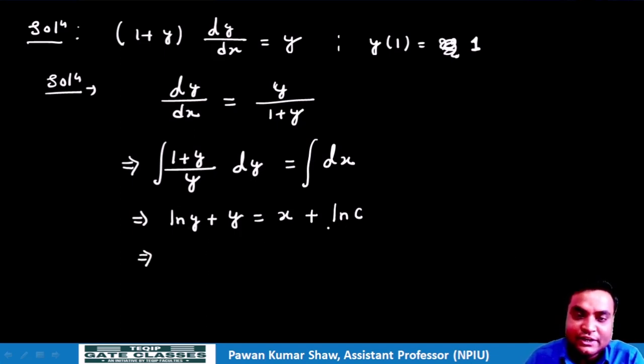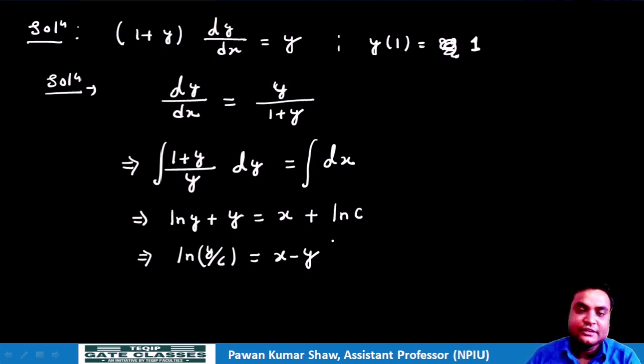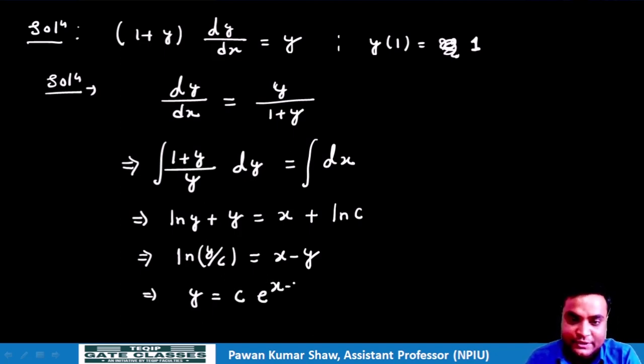So we can write log y minus log c, that will be log of y by c, and the remaining term, x minus y, we can write on the right hand side. So what will be our y? If you remove this log, then we can write y is equal to c times e to the power of x minus y.